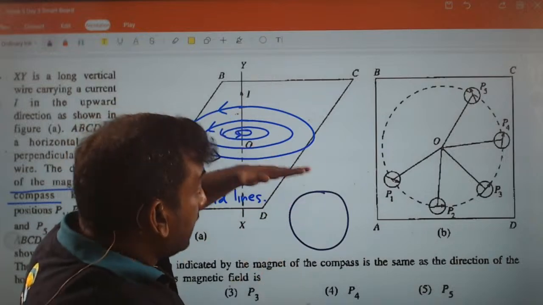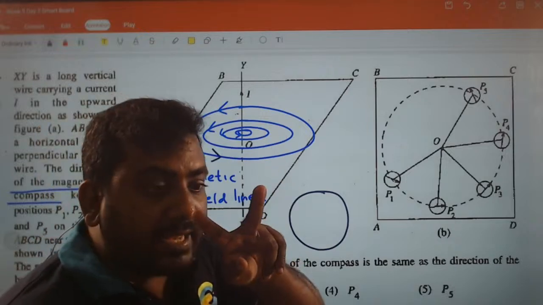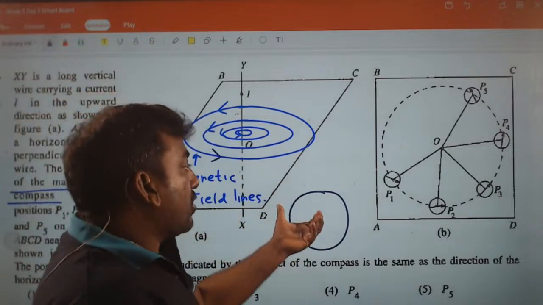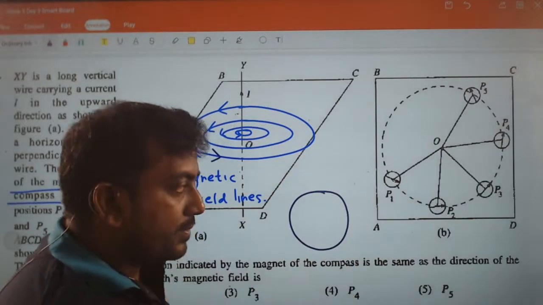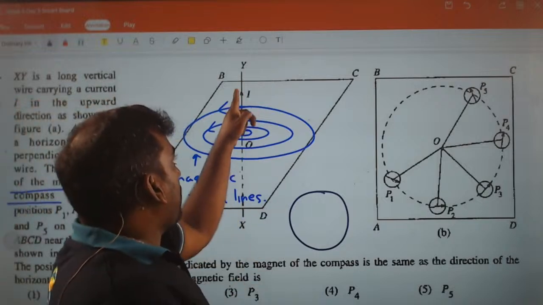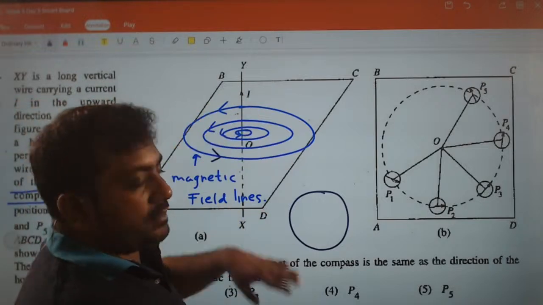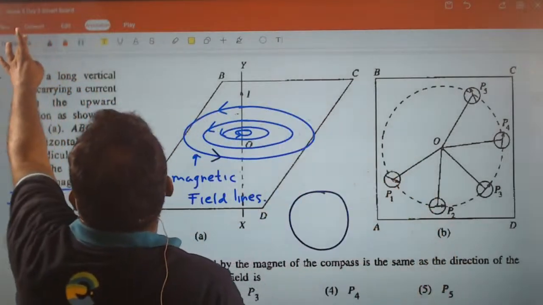Apart from this current, Earth's horizontal magnetic field also is there. So how many magnetic fields are acting? 2 magnetic fields are acting. So the compass will show the resultant direction of the magnetic field. Again look, because of this current there is going to be what? Tangential. Technically I will draw it here now.